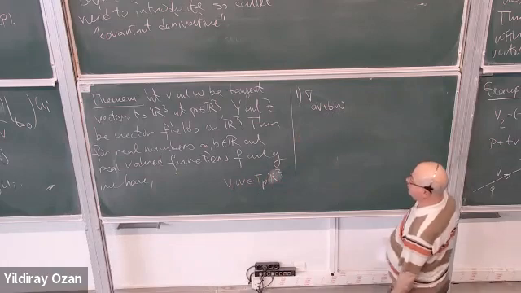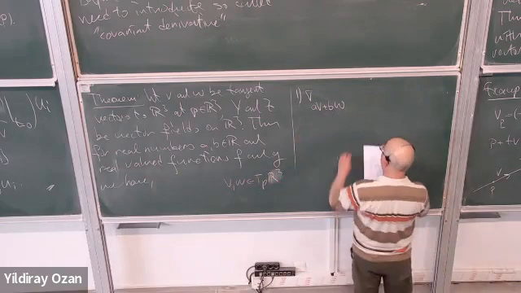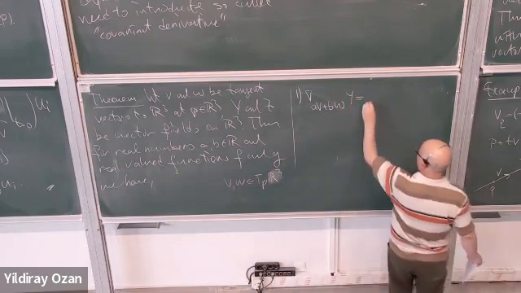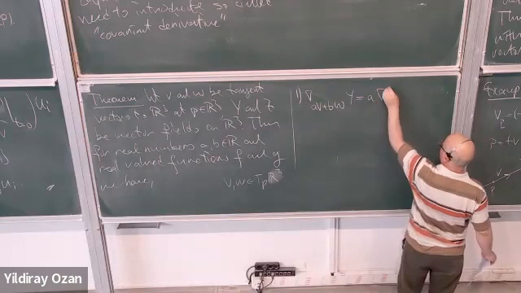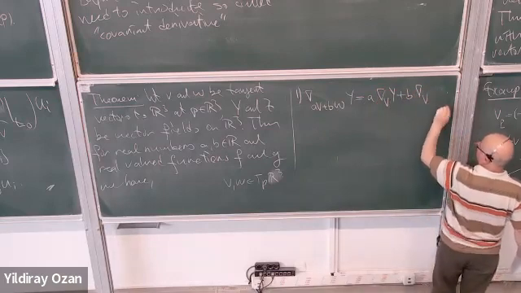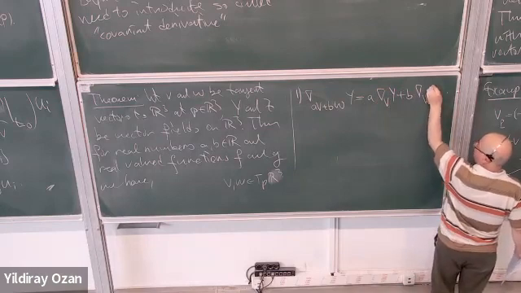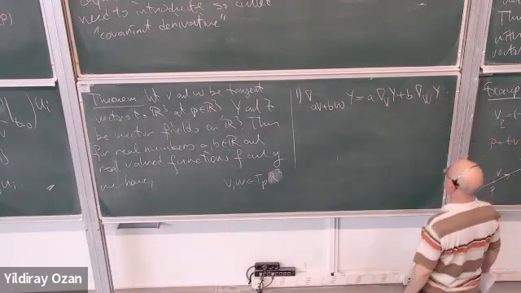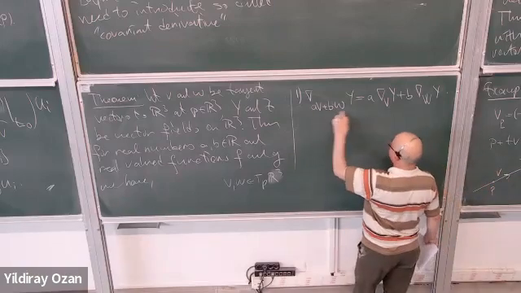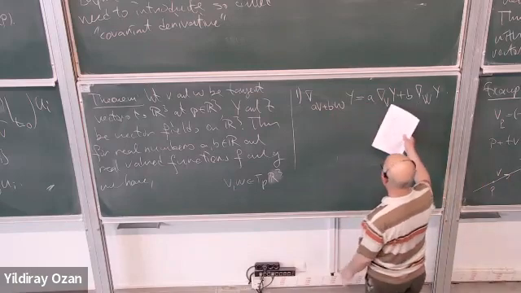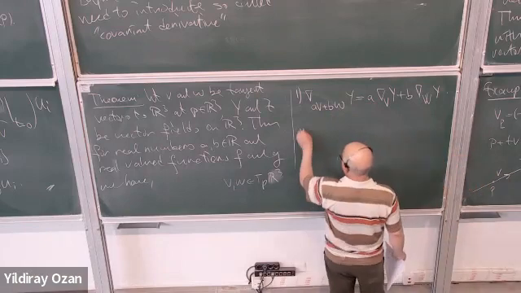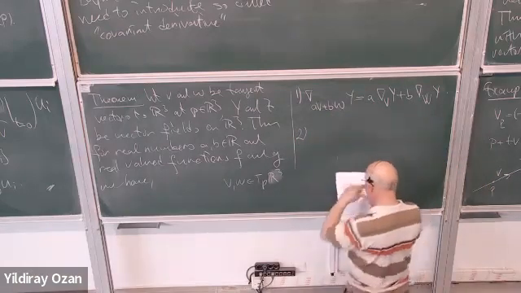And the covariant derivative of Y along this vector is a times the covariant derivative of Y along the vector V, and then b times the covariant derivative of Y along W. So if these are just some real numbers, it splits like this, so it is kind of linear in the vector component.